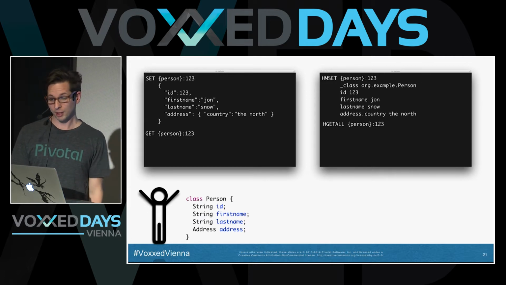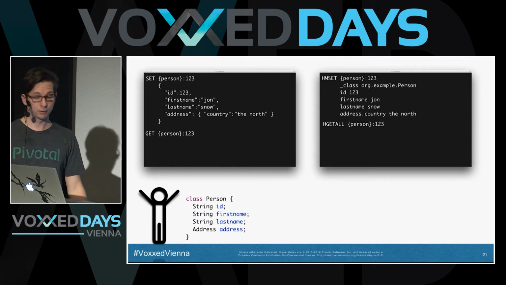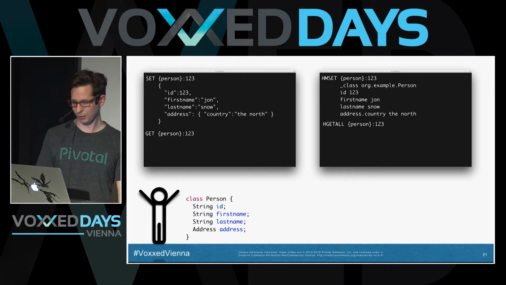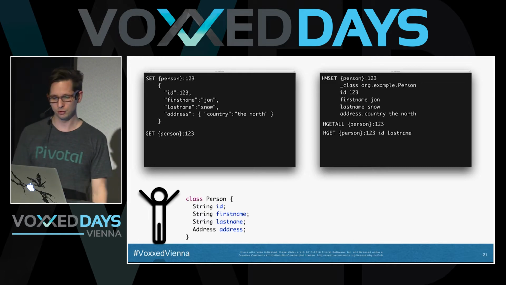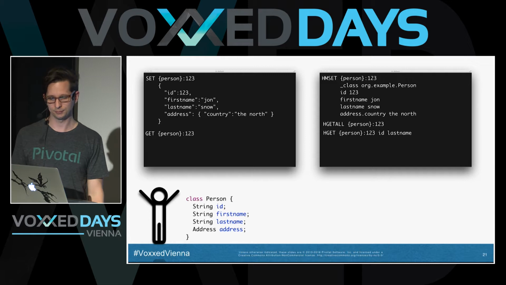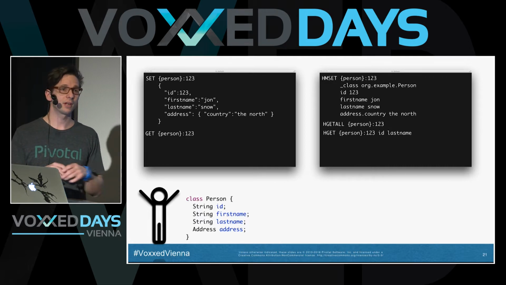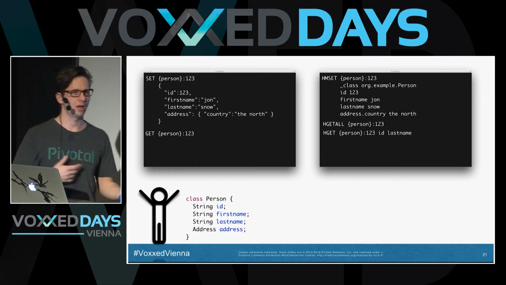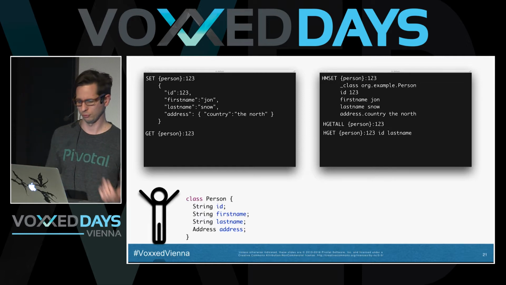The thing that you now get with that is you can retrieve everything with hgetAll, just the same as with the get command, but you could also just use hget with the ID and last name. This should be hmget, but don't worry about it. That would be something like a projection, so you just take out the few elements that you want depending on your need of data.